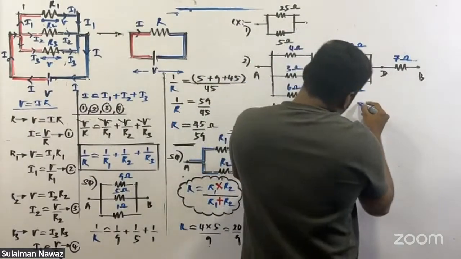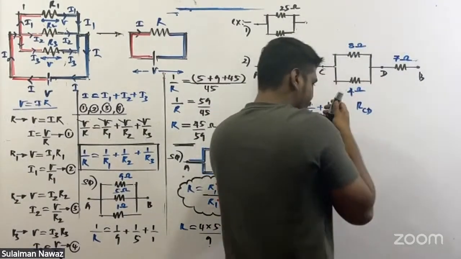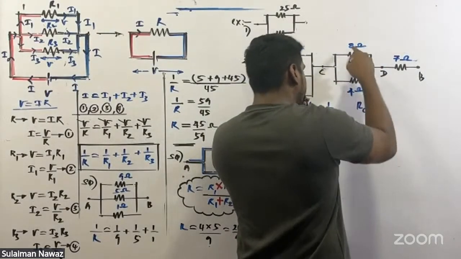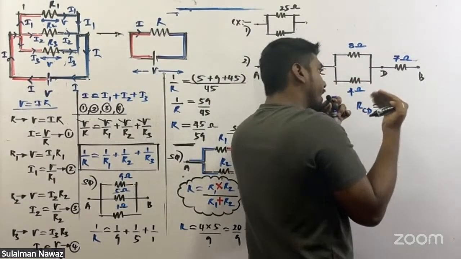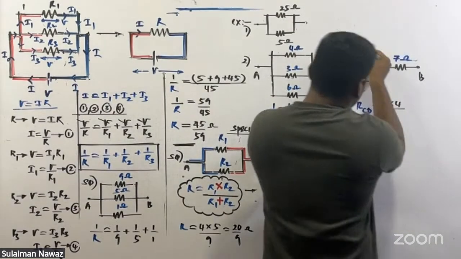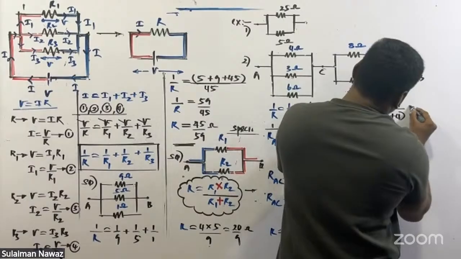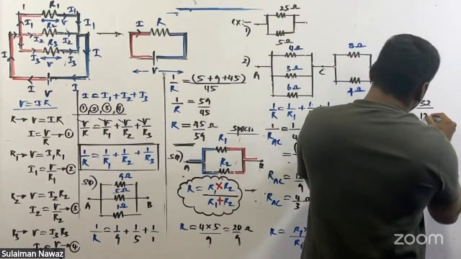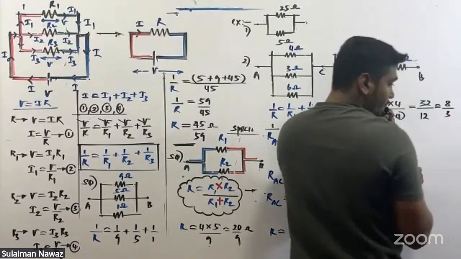RCD is going to be the multiplication of these two, 4 into 8, which is 32, over 8 plus 4, which means 12. So 32 over 12 means 8 over 3 ohms.